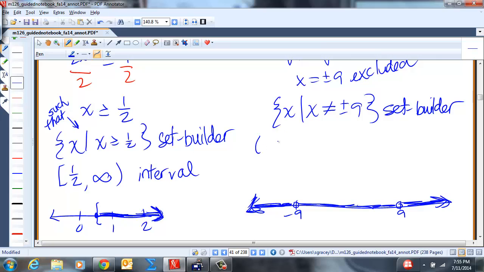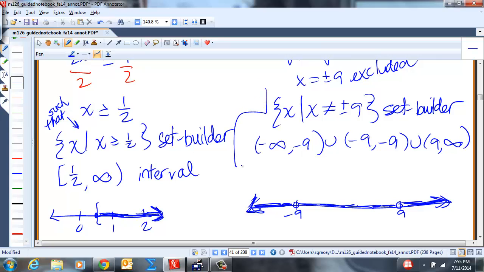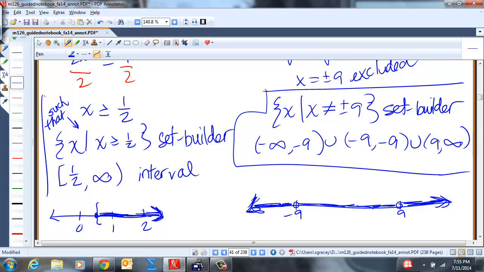So this is how we do it: anything to the left of -9 but not including, union that middle interval, and then union 9 to infinity. So these are the domains. And this was this guy.